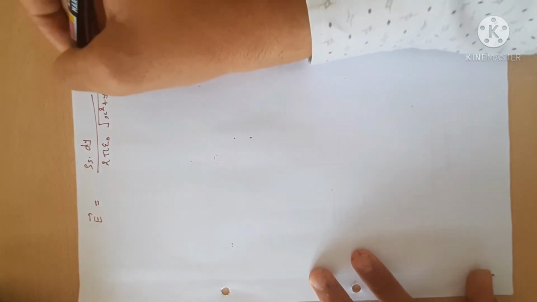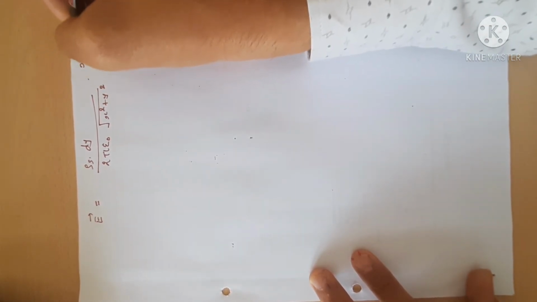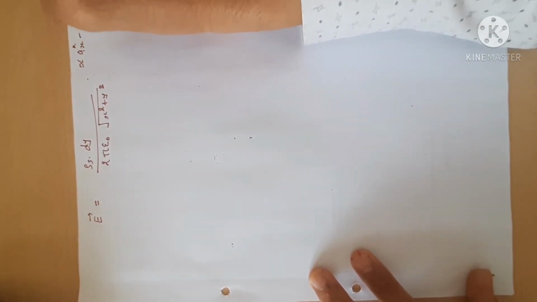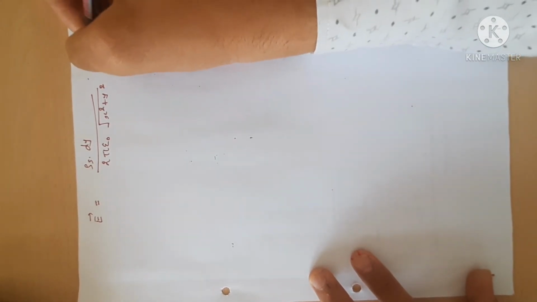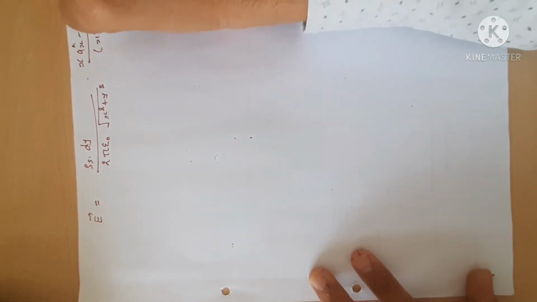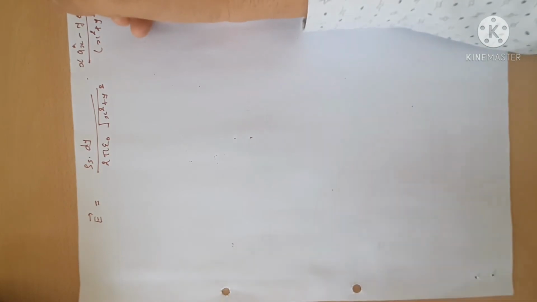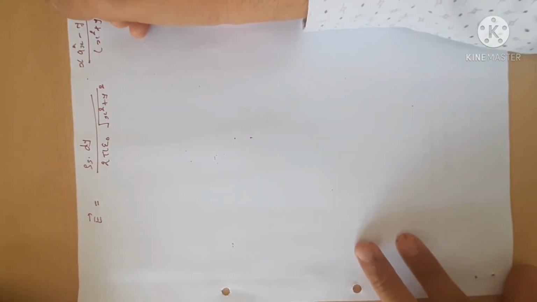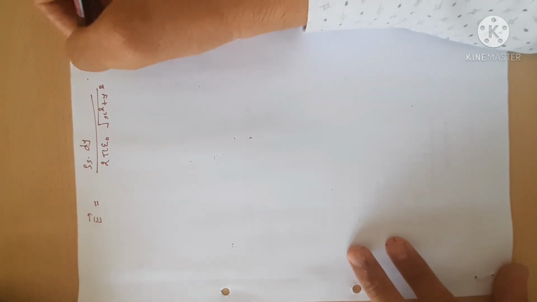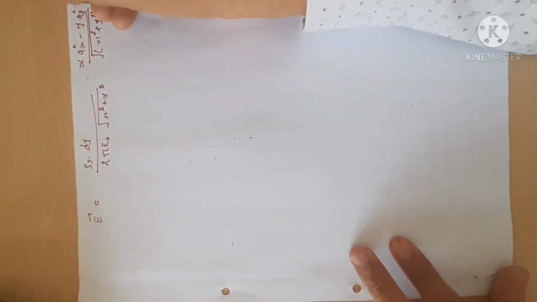That means x ax minus y ay upon under root of x square plus y square.